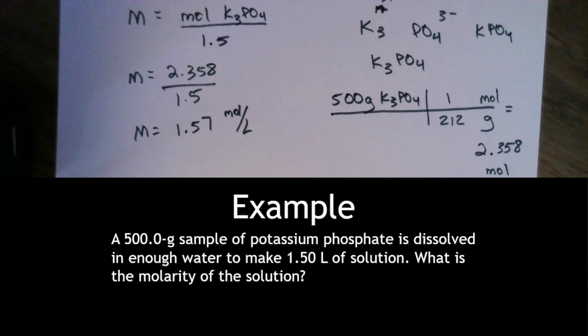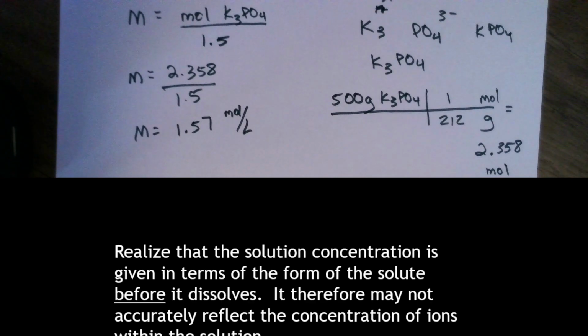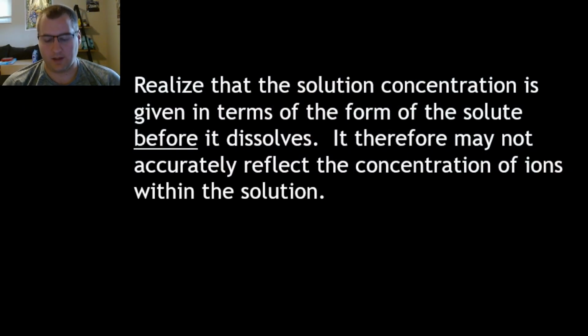Okay. Hopefully that's just review, but that's really an important part of the exam, is being able to do that. I know we haven't talked about it specifically in a while. Okay, so it says, realize that the solution concentration is given in terms of the form of the solute before it dissolves.